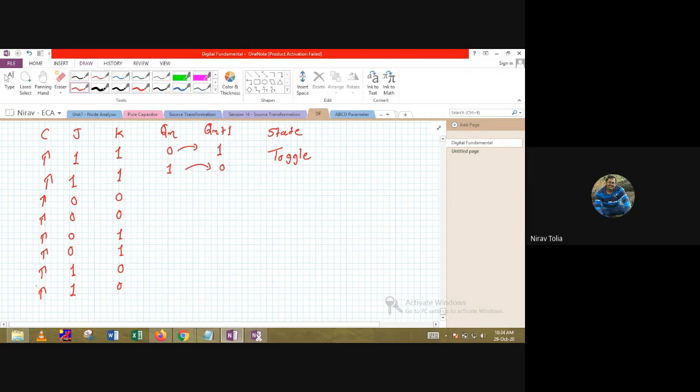And suppose here my Qn is 0, 1, 0. So when my J and K are 0 0, same as the SR flip flop, my Qn plus 1 remains the same, which is my Qn, and that state is known as the no change state.